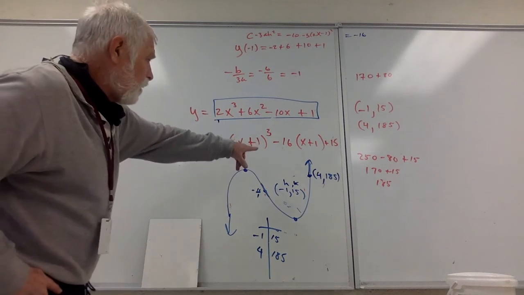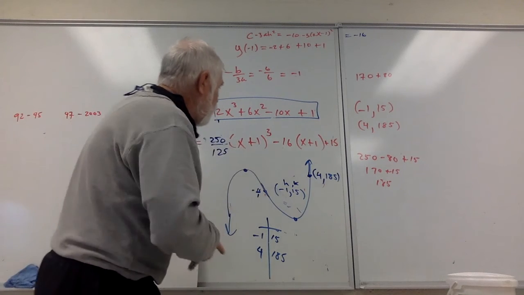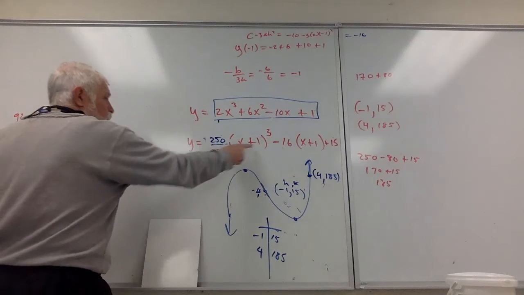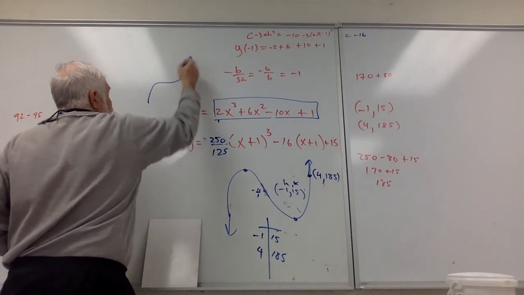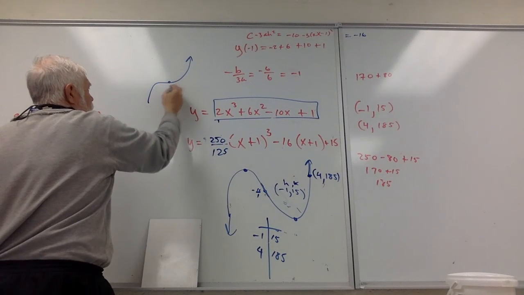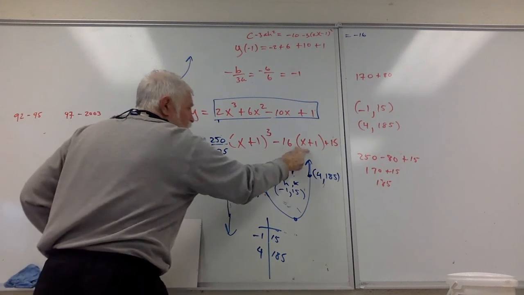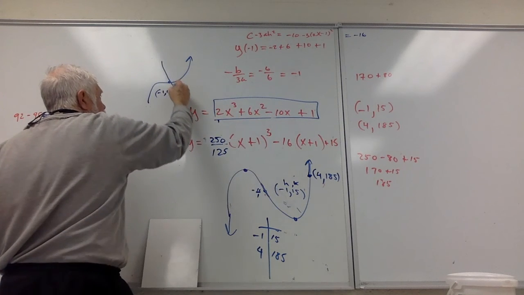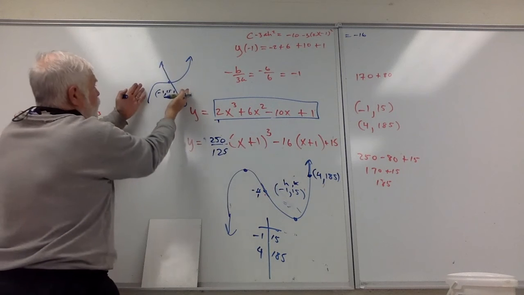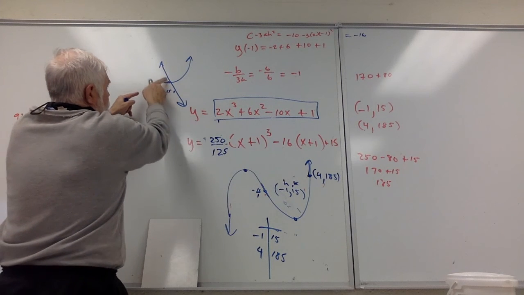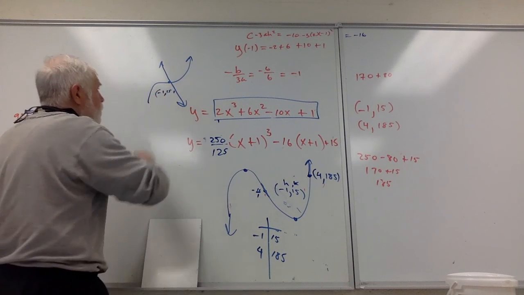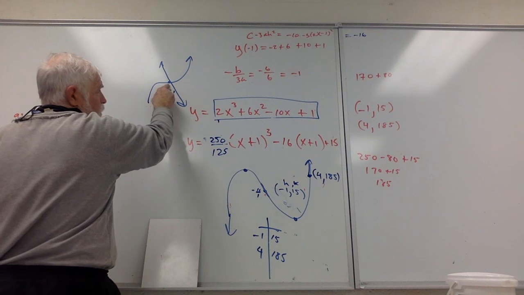This is really a cubic with a slope of 0 at -1, 15. This is a linear function going through the same coordinate. And what happens when you add these two things together? Well, the rate of the linear is dominant locally, because that cubic's not changing.